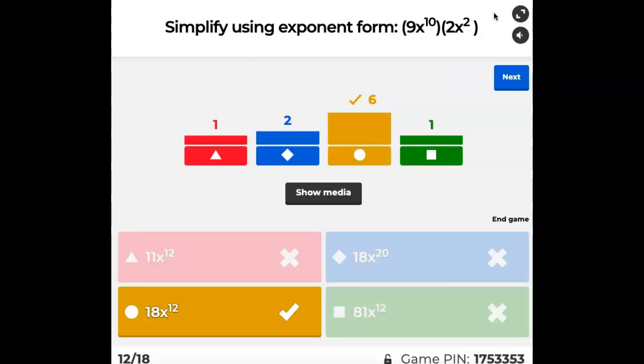Alright, it's a much better score though. So 9 times 2 is 18. And then 10 plus 2 is 12. So that's why we have 18 to the power of 12.